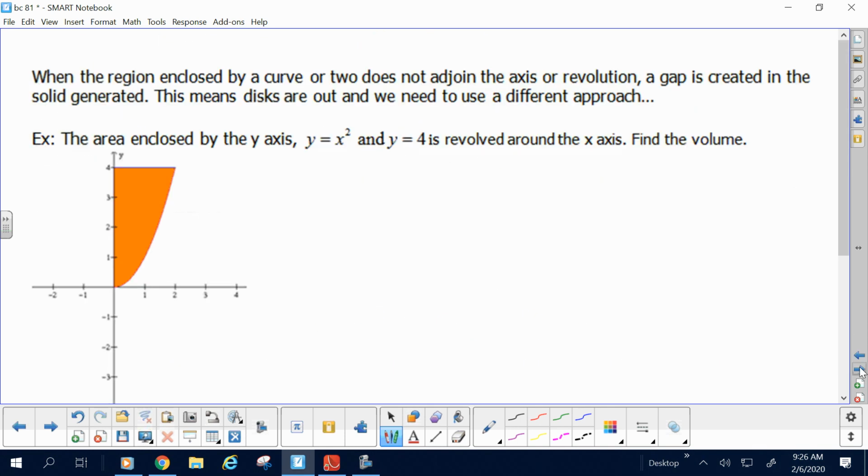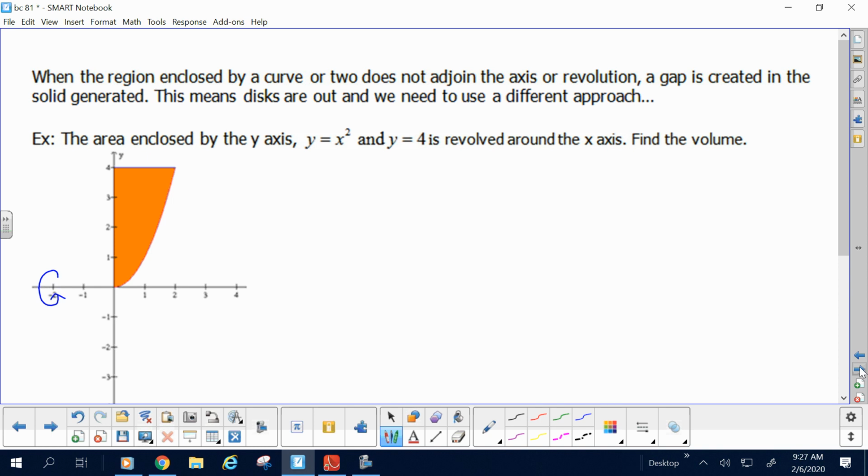You'll sometimes get a gap. Now, would you consider, please, this region and what happens when it is revolved around the x-axis? Now, I love drawing the three-dimensional figure.